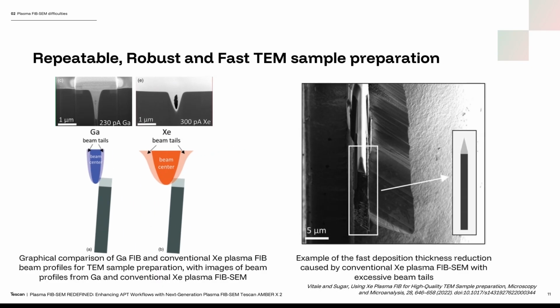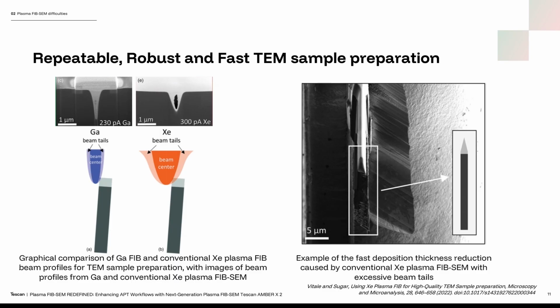An example of this complexity is the higher polishing rate of the protective deposition layer, caused by the more intense beam tails of plasma FIB-SEMs. When the sample becomes thin, this effect can result in a wedge-shaped lamella or more pointy deposition on the top of the atom probe tip, which in turn accelerates the sputtering of the protective layer. One way to mitigate this is by depositing a thick layer.